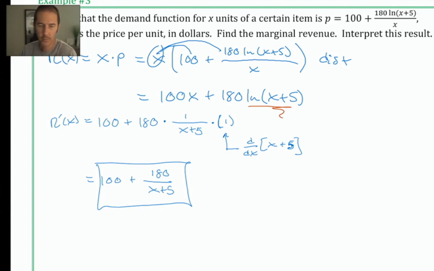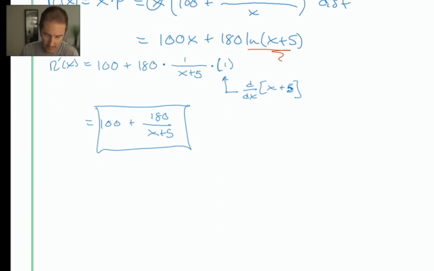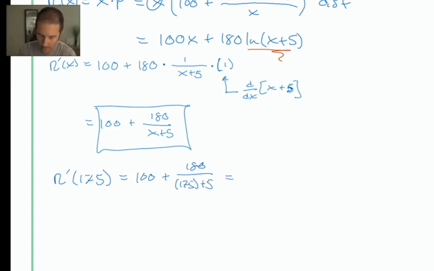So let's plug in 175 just for funsies. Let's find r prime of 175. That would equal 100 plus 180 over 175 plus 5, and that's going to equal 100 plus 1, which is 101.